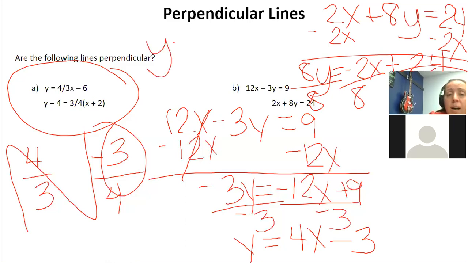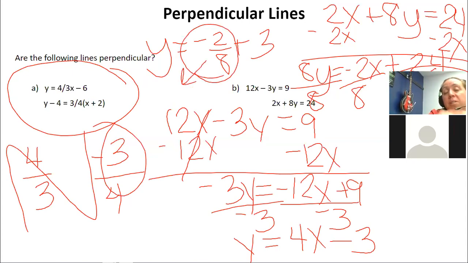So we're left with y equals -2/8 x plus 3. I'm with you. So with you. Okay, so we have one slope that's -2/8. What is -2/8 reduced to? -1/4. Yep. So we have a slope that's -1/4 and a slope that's 4.